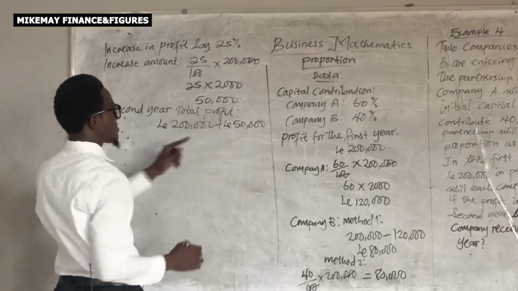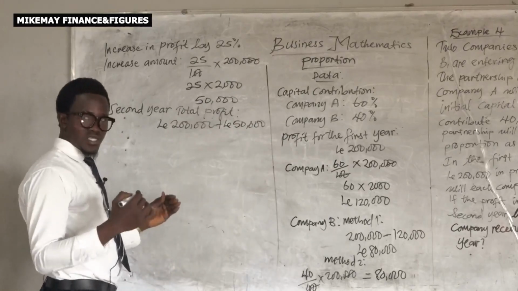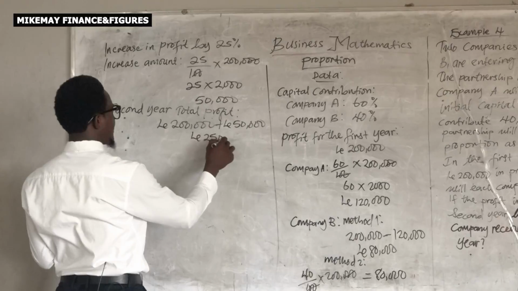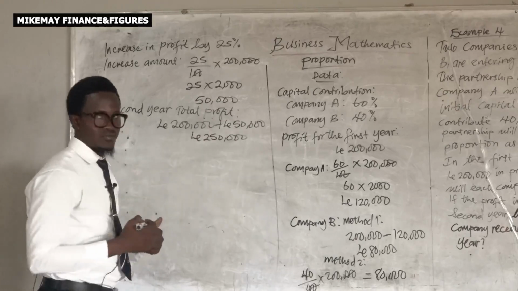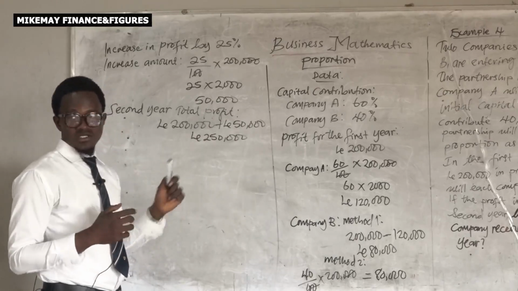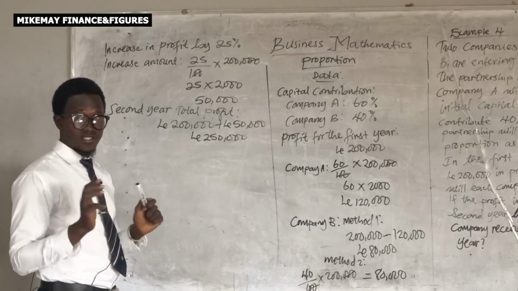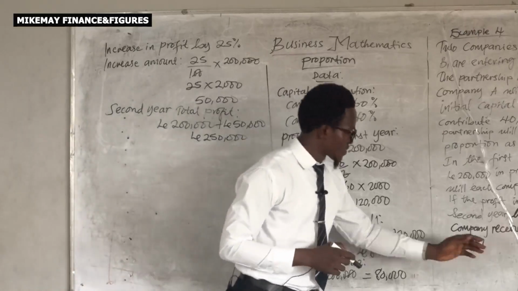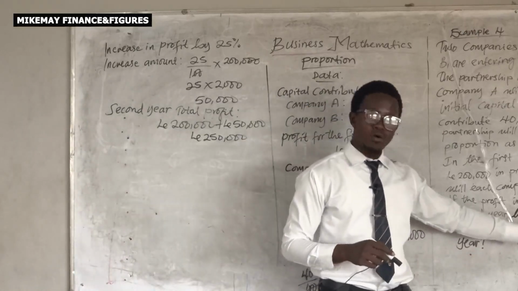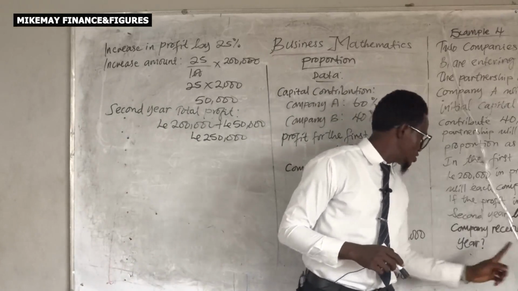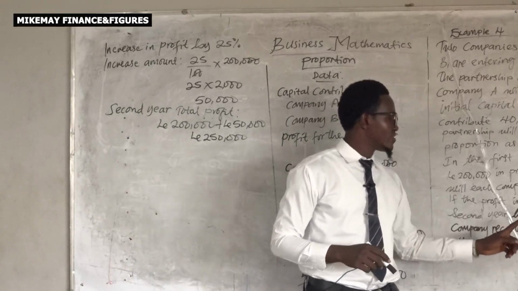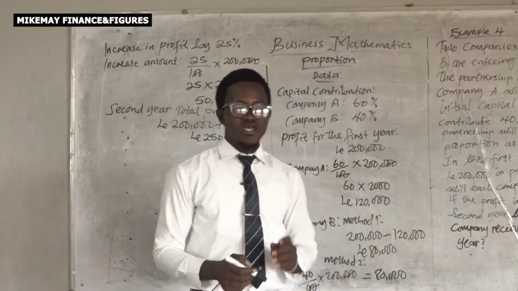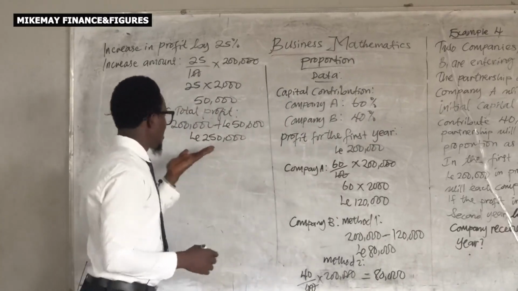This should be able to give us 250,000. That's just the total profit for the second year. So now let us answer the problem. It says, how much more will each company receive compared to the first profit? How much more? So you don't have to worry.